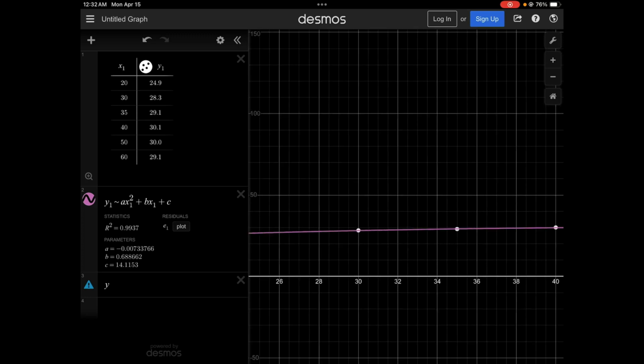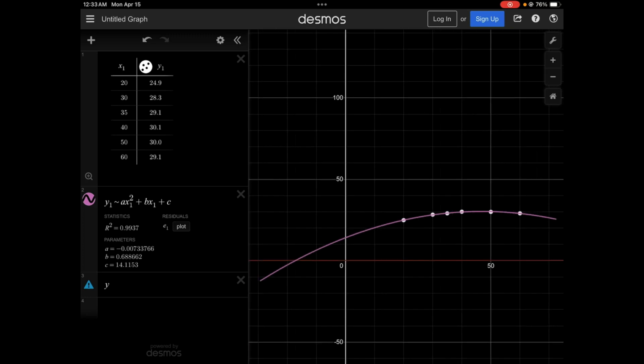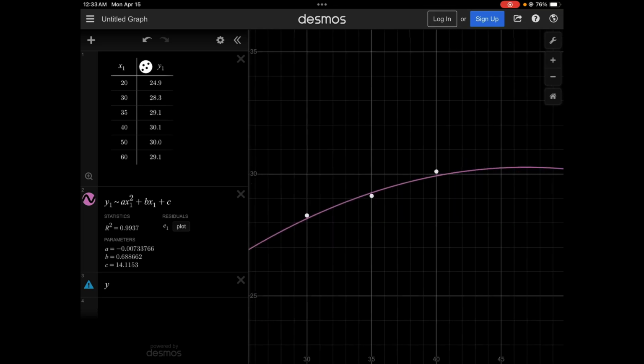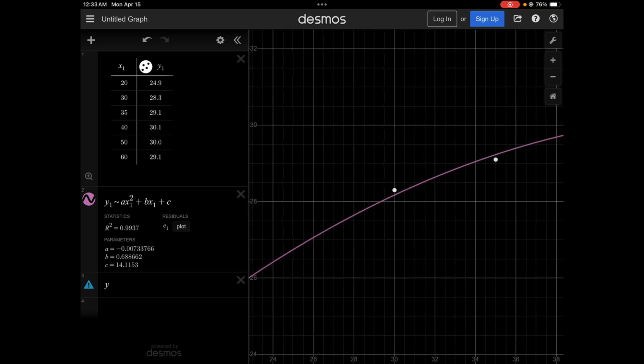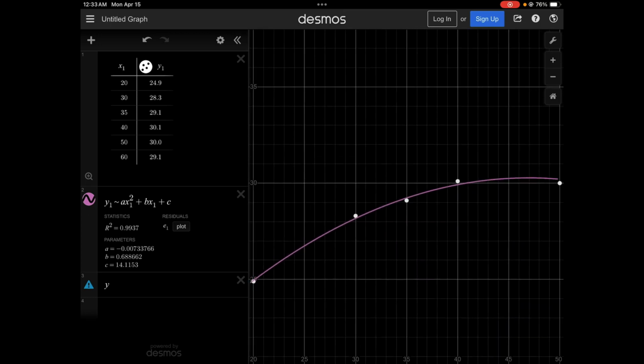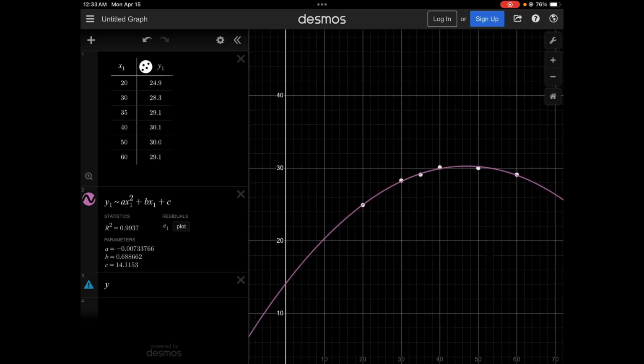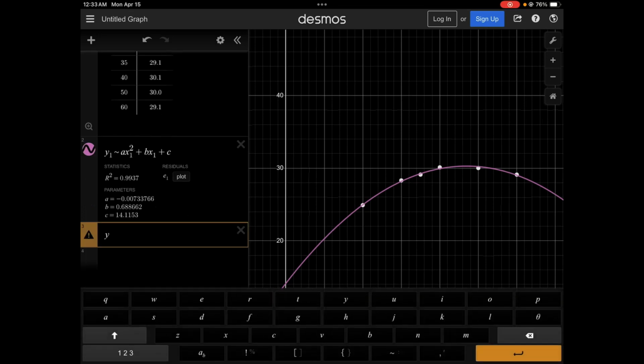If you zoom out, it looks pretty good. Now if you go in, you'll see the details. It's not going exactly through it. Okay, let's write this quadratic here.